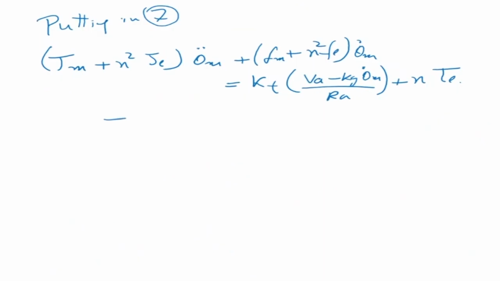Now I can write it in short form as J into omega dot plus F into omega is equal to K into VA, plus TD. Okay, so this is a short way of writing it, in which case the terms are written this way.